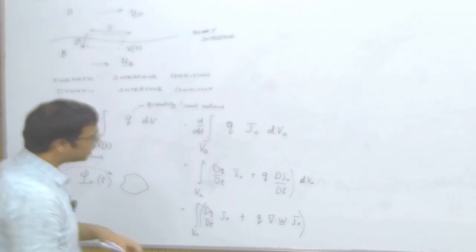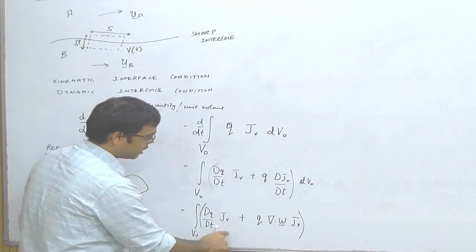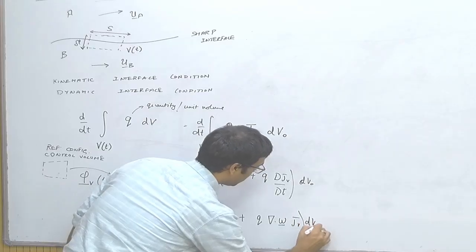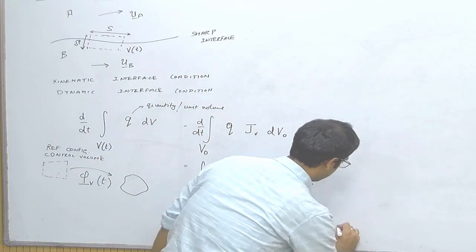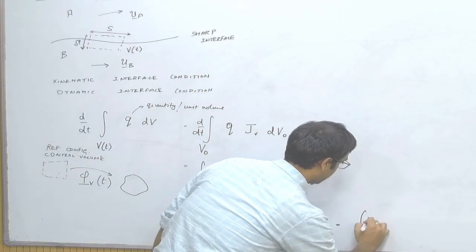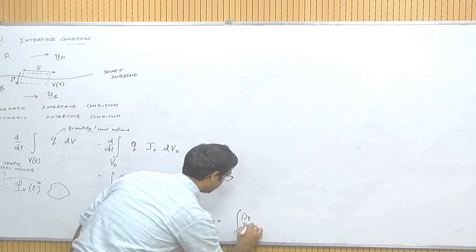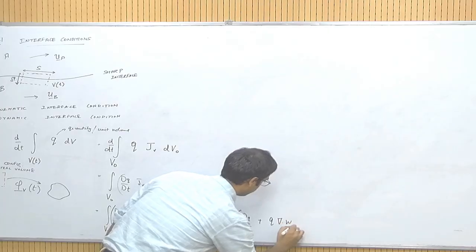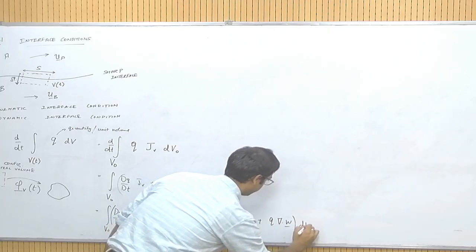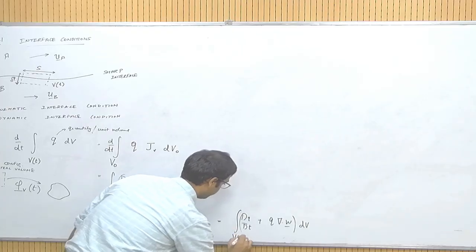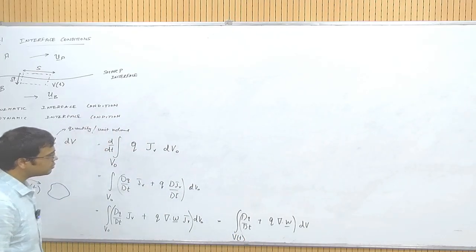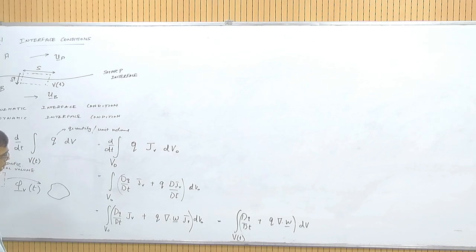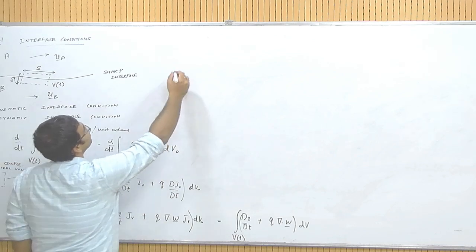So we get del dot w, which is the speed of points on the control volume, and now we can apply the same thing here. We get dq over dt plus q times del dot w dV of t. Now again, what is this dq by dt here?